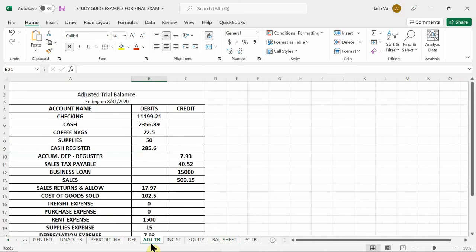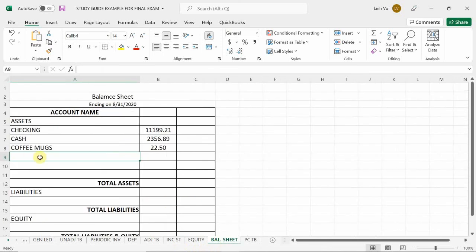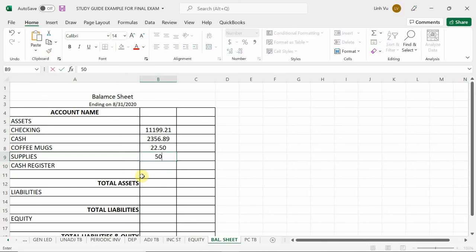My next assets is my supplies, and then cash register. So supplies and cash register. So my supplies is $50.